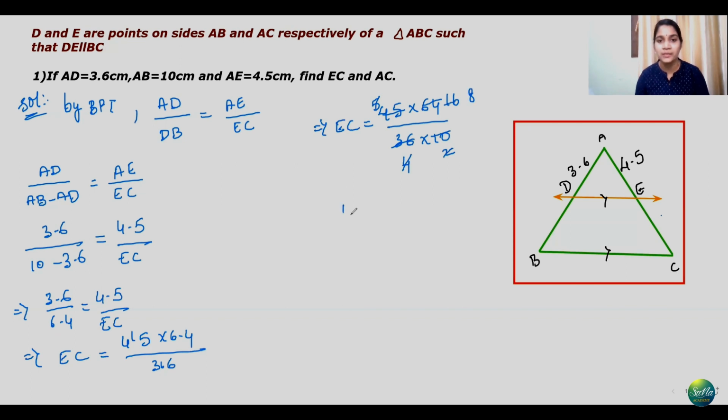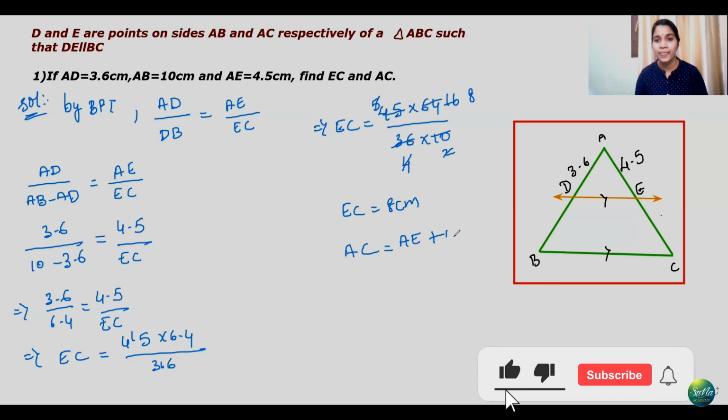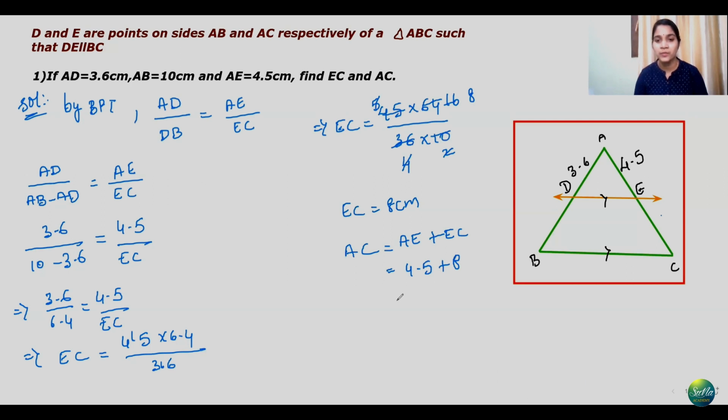So finally EC is equal to 8 centimeters, and we can get the AC measurement by taking the sum of AE and EC. So this is equal to 4.5 plus 8, which gives 12.5 centimeters. So EC is equal to 8 centimeters and AC is equal to 12.5 centimeters.